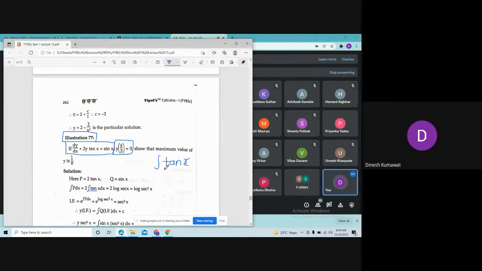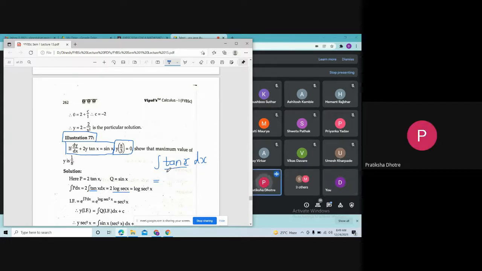How did it come? What we know about tan x? How can I write tan x in terms of sine and cos?